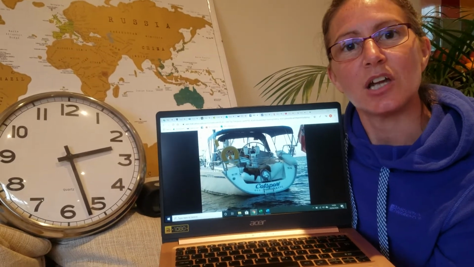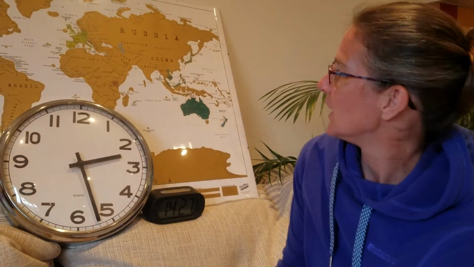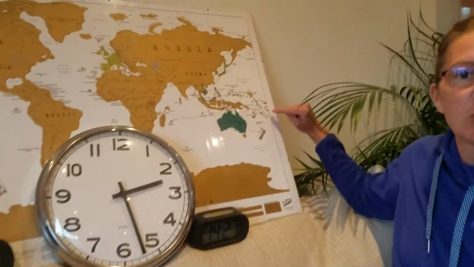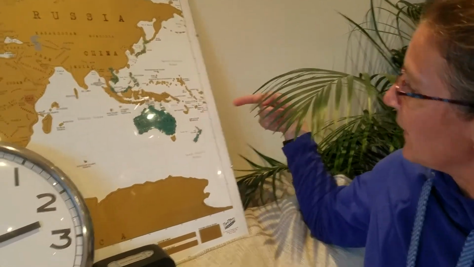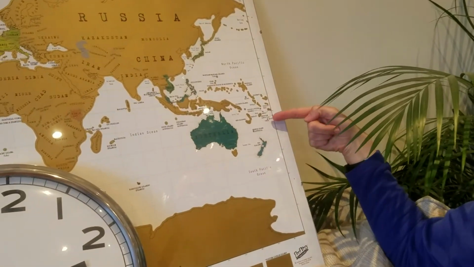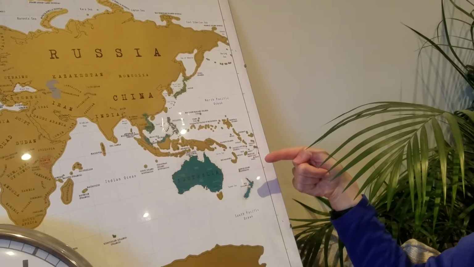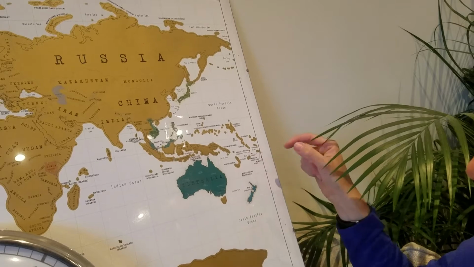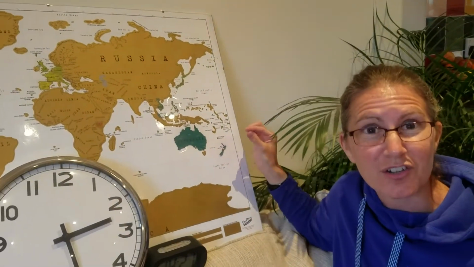When they sailed across the international date line, that was over here. The international date line zigzags down here. They sailed between a tiny island called Niue and Tonga, and they were going this way. And when they crossed the international date line, it was 2:30 in the afternoon on the 2nd of October, and within a millisecond, when they crossed the date line, it became 2:30 on the 3rd of October.